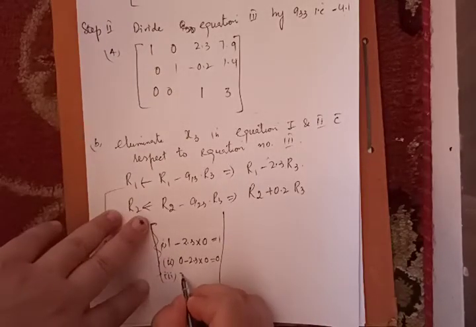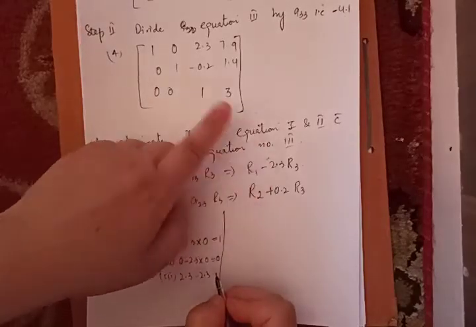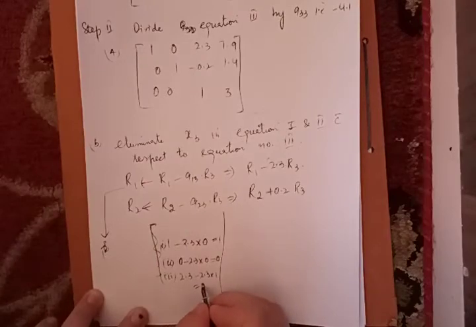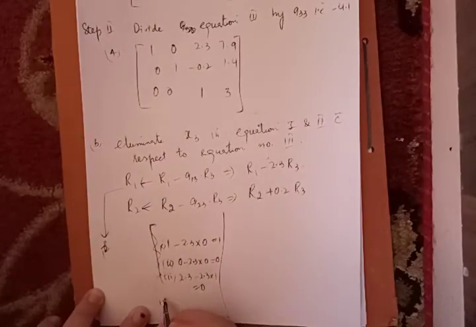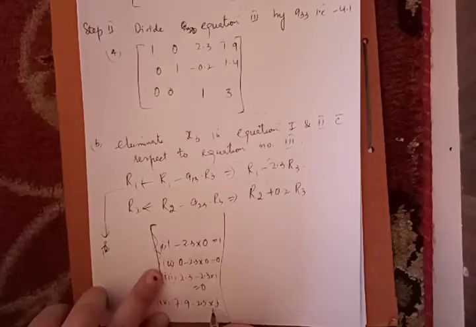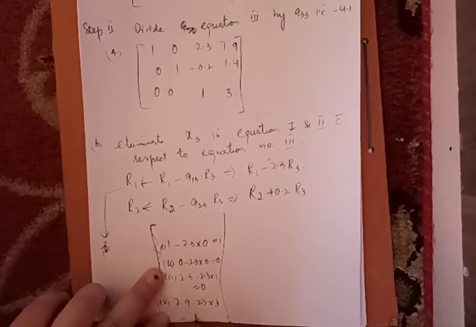Third, 2.3 minus 2.3 times 1, so this will be equal to 0. Fourth, 7.9 minus 2.3 into 3, so this will be 7.9 minus 6.9, which is equal to 1.